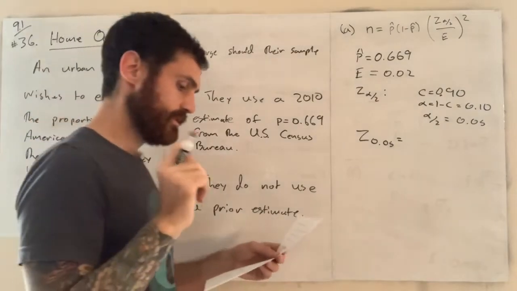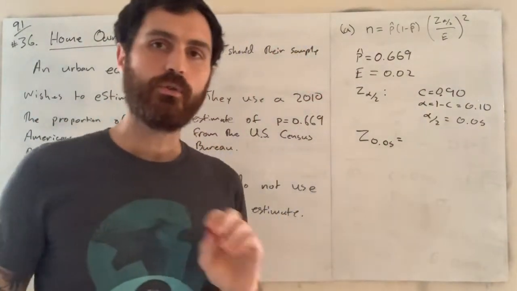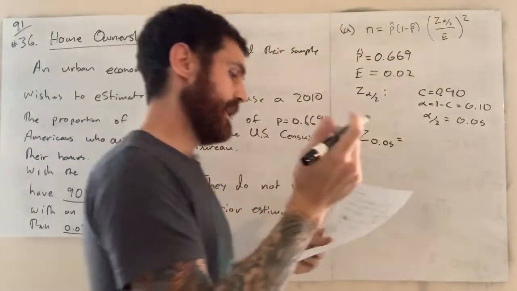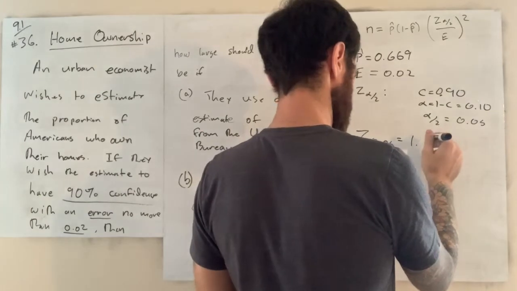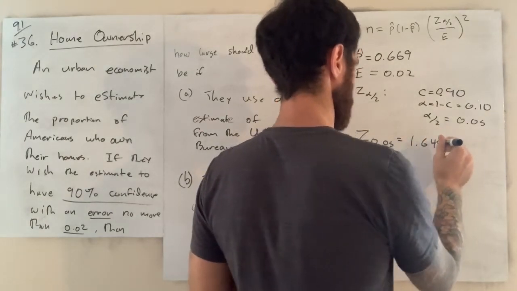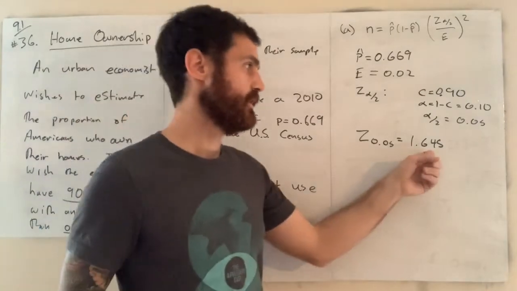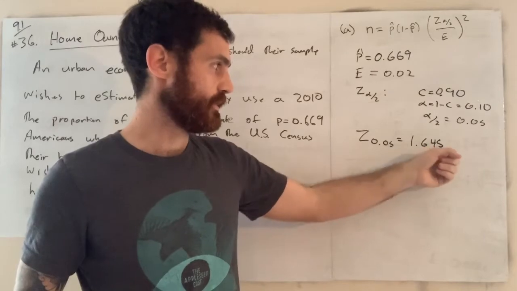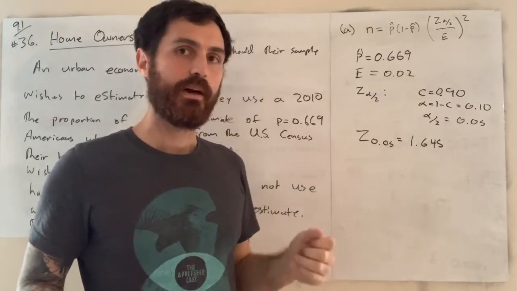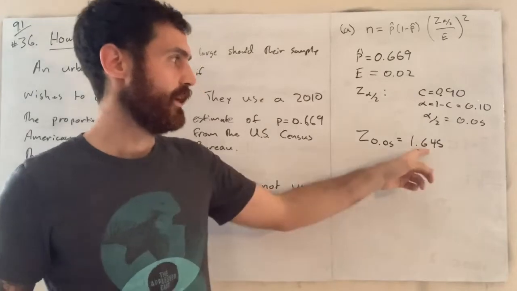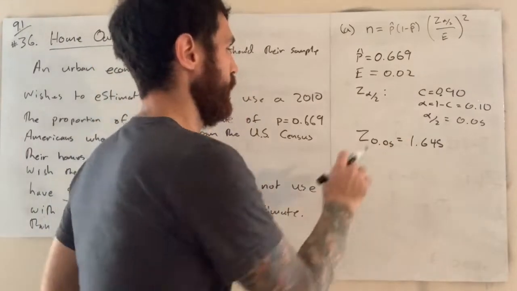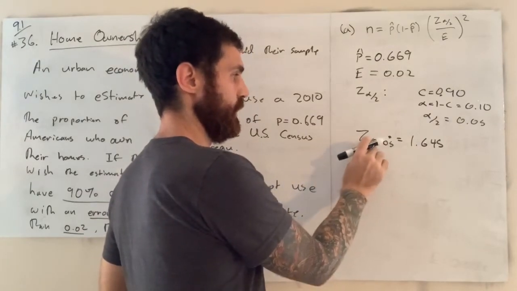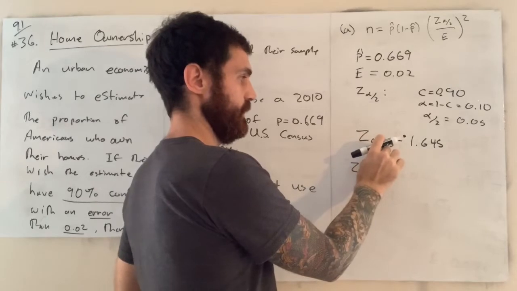And here's something interesting. If you look on the table in section 9.1, you'll see that they have this number written, 1.645. You might be thinking to yourself, how do you get a critical value out to 3 decimal points? Because if you're using table 5, they only give it to you out to 2. Well, if you look up on table 5, they're actually not going to give you a critical point for z sub 0.05.